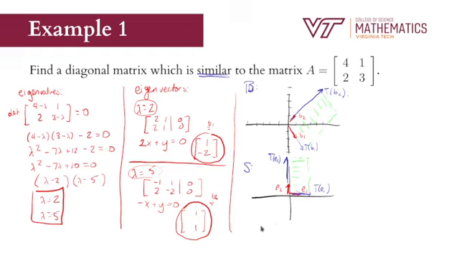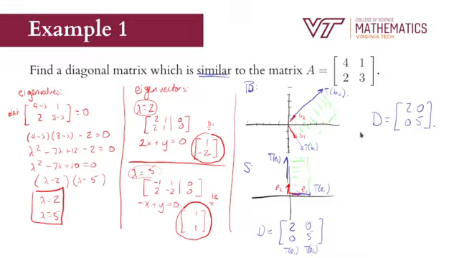The diagonal matrix that we're looking for, the transformed version of E1 is the vector (2, 0). And the transformed version of E2 is the vector (0, 5). And so our answer is [2, 0; 0, 5].